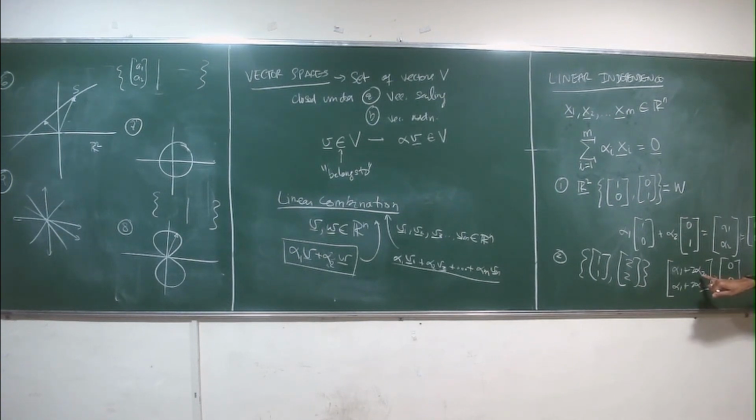If you choose alpha 2 to be minus alpha 1 divided by 2, you'll get 0 for the first element and you'll get 0 for the second element as well. That means this set is not linearly independent. This is linearly dependent. We'll do one more and then we'll talk about the geometry of what this means.